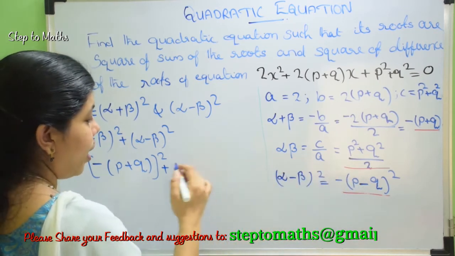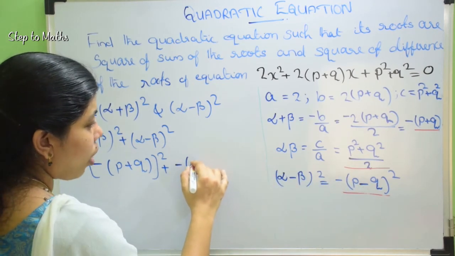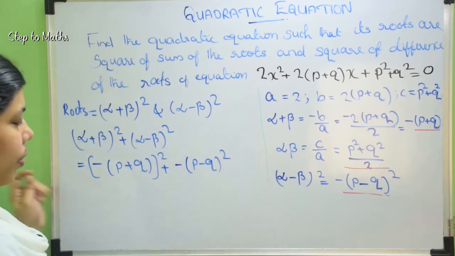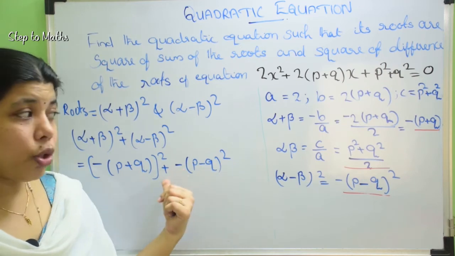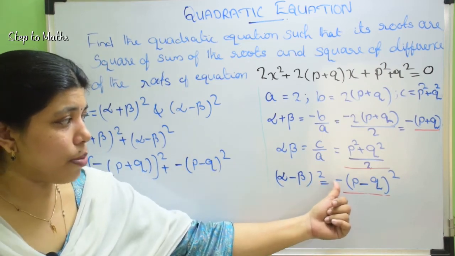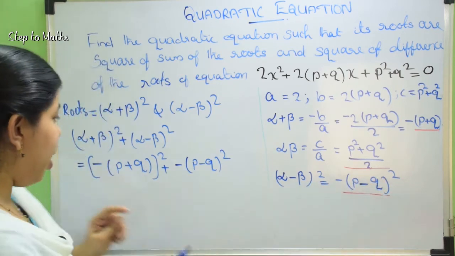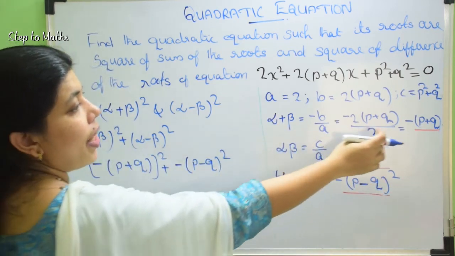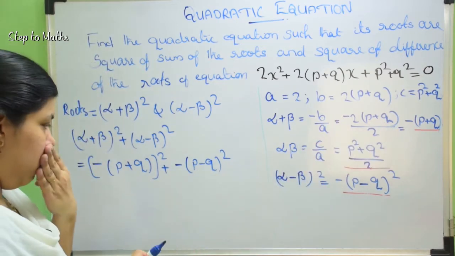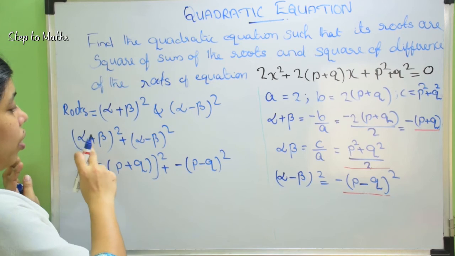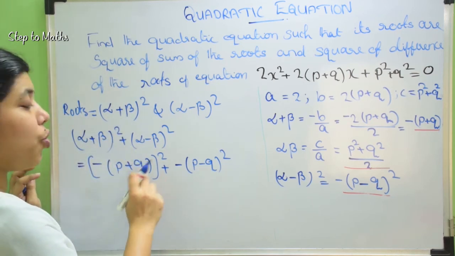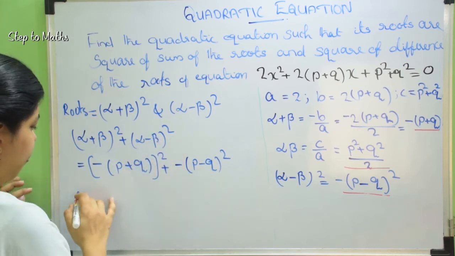Alpha minus beta square is minus of p minus q square. This square is not applicable to this minus. Alpha minus beta square is minus of p minus q square, and alpha plus beta is minus of p plus q. So, alpha plus beta square is minus of p plus q whole square.